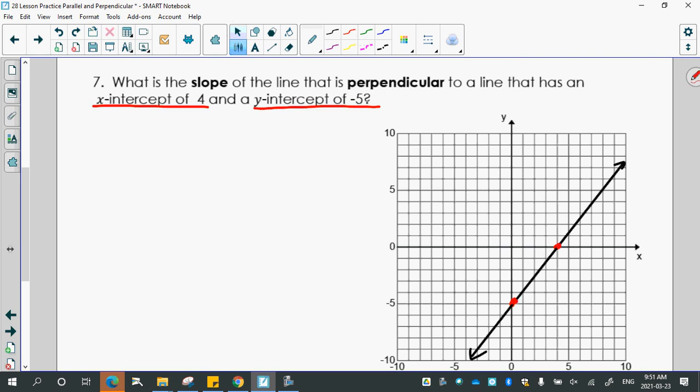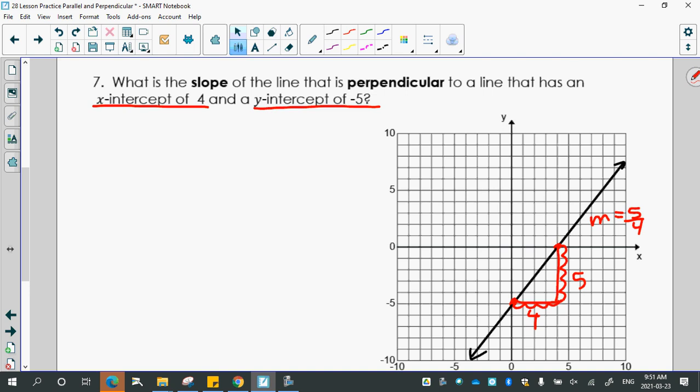Positive, I can tell that by looking at the line. And it's got a rise of 5 and a run of 4. So the slope of this line is 5 over 4.